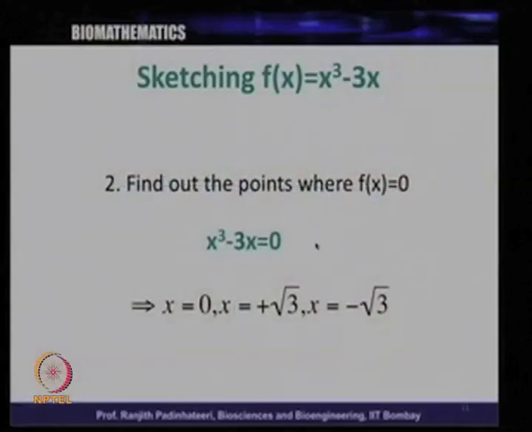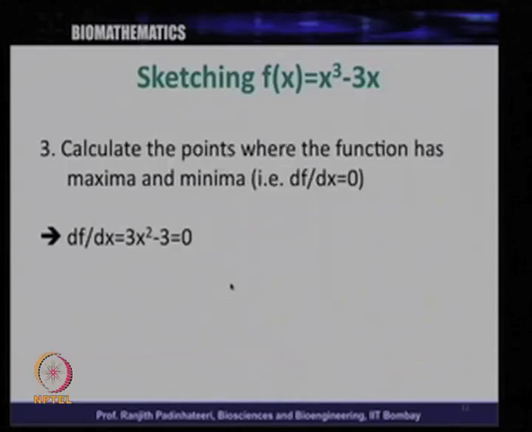So, these are the 3 points where the function is 0, and the next thing in the recipe is to calculate the points where the function has maxima and minima. How do we find out, what does it mean?